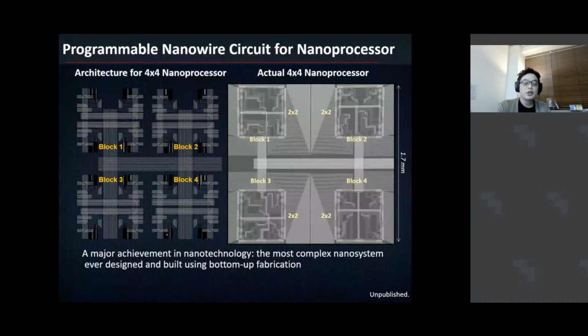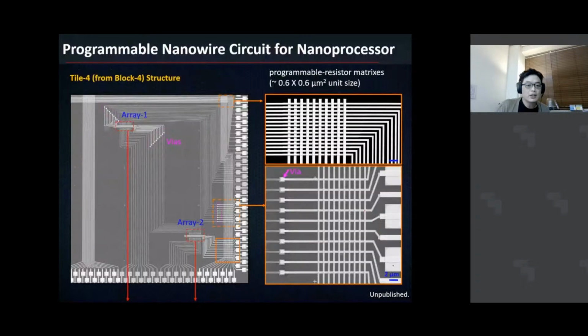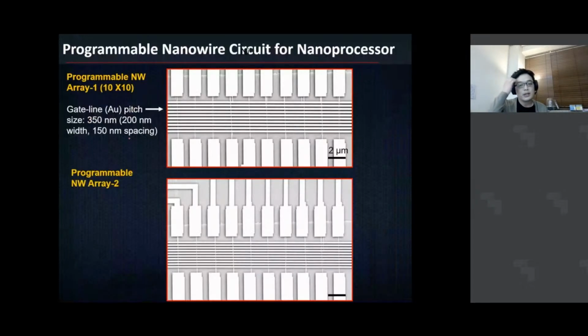If you want to look at this tile right here, if you zoom in, the tile consists of this, and if I zoom in on this part, which is a set of transistors, you see 10 gates right here, and the gate width in this case is 200 nanometers, which of course I drew with electron beam lithography.